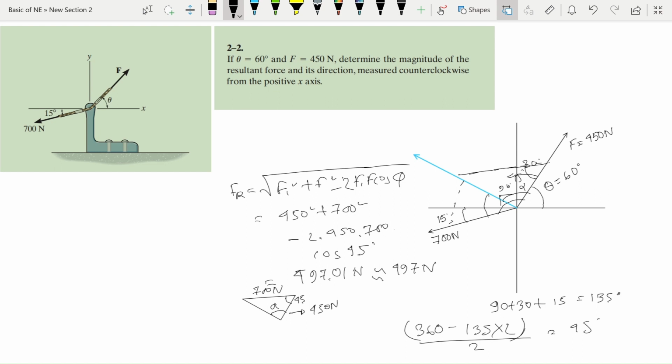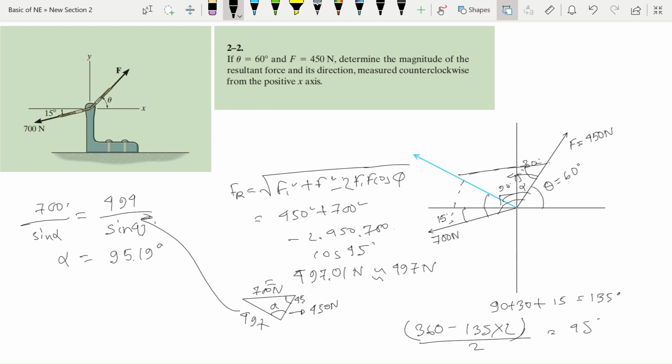So applying the sine law, it would be 700 by sine alpha is equal to 497 by sine 45 degrees. By calculating, we can determine alpha as 95.19 degrees.